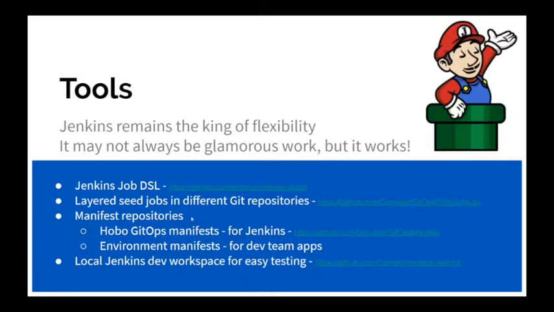The first layer is Jenkins and the Hobo GitOps stuff itself, which uses one set of these manifest and utility job repos. This is all DSL scripts that live here in the utility repo. So that sets up your foundation Jenkins with some general utility and the hooks for the dev teams to hook into. What they put in there themselves is really up to them.